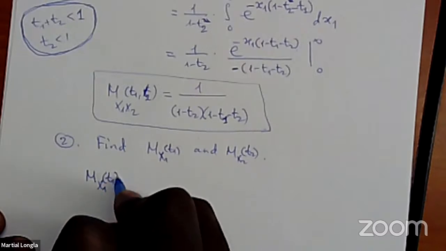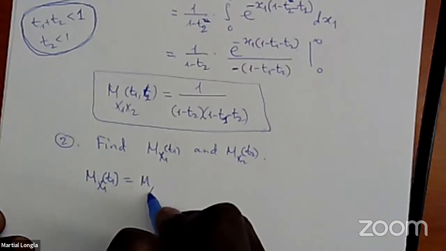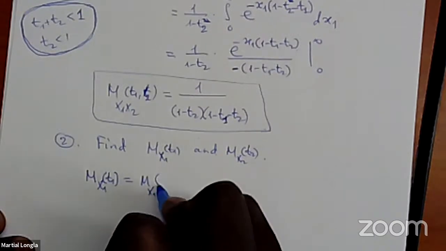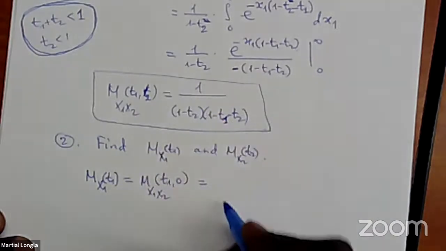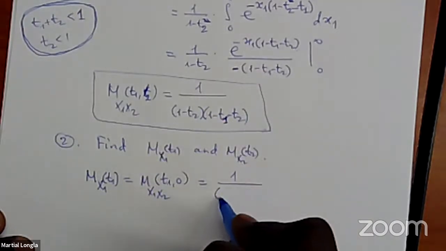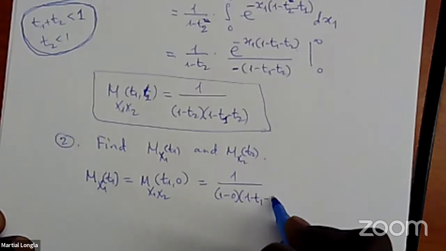You just need to plug in t2 equals 0. M of (x1, x2) at (t1, 0), which is 1 over (1 minus 0) times (1 minus t1 minus 0).